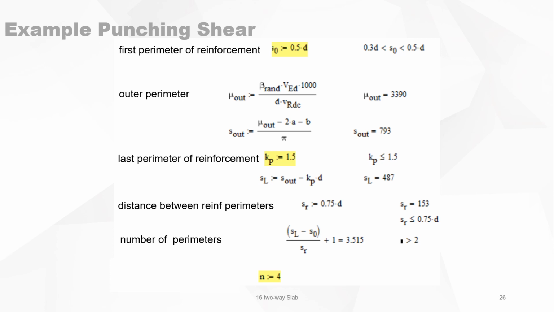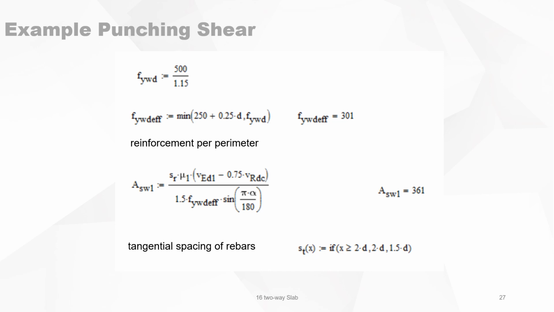And then again, we follow the procedure for finding out how many reinforcement perimeters we need. For that, we calculate the outer perimeter, and from there we can calculate how many perimeters we need, and we also need 4 reinforcement perimeters.